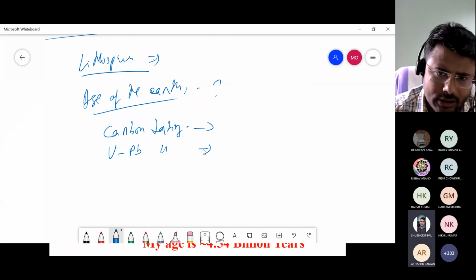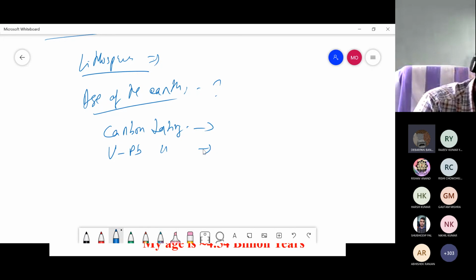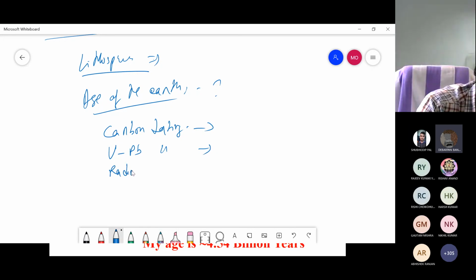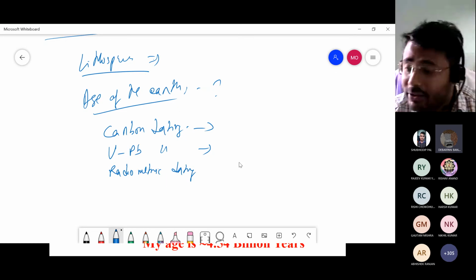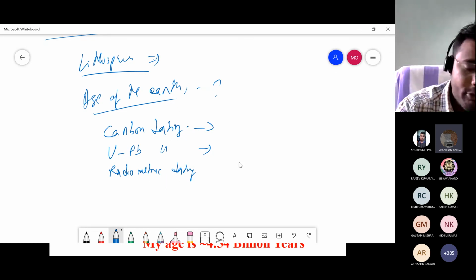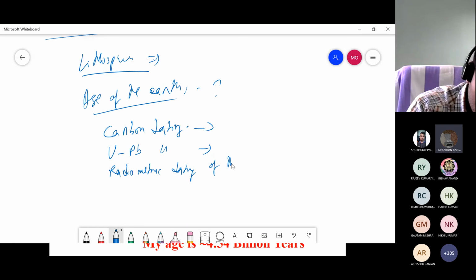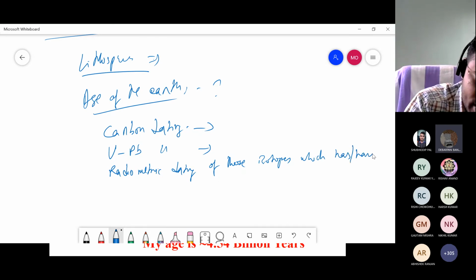Radiometric dating. Yes, fine. Radiometric dating of those isotopes which have larger half-lives.